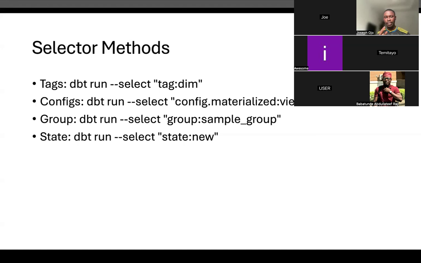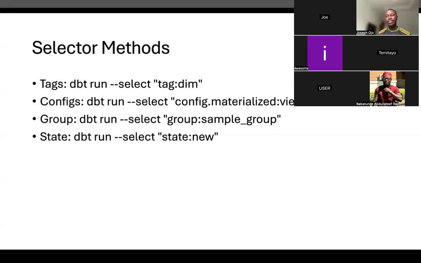When we are using DBT, the ones that we are familiar with are just the model selector, where you do dbt run hyphen select then the model name, and you can add the plus symbol to say, okay, I want to run everything after this model, or everything before this model, and all those things also take a node count. So you can say I want to run two nodes deep or two nodes ahead. So that is the one that is very, very common.